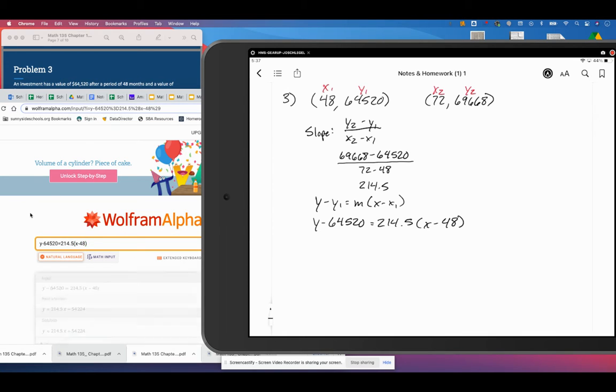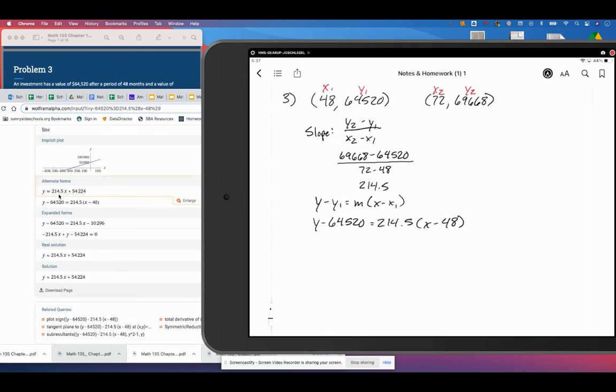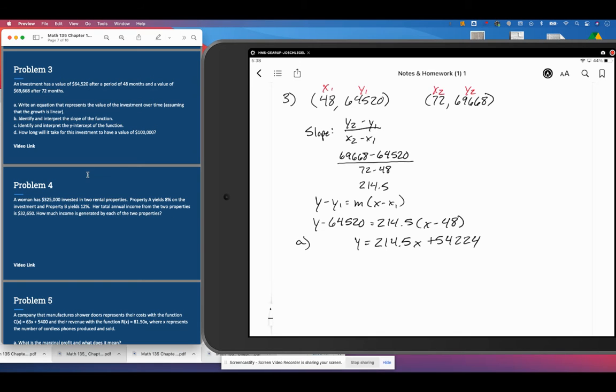I'll swing down to alternative forms here, and we get 214.5x plus 54,224. And so that's our part A. That is an equation that represents this situation.